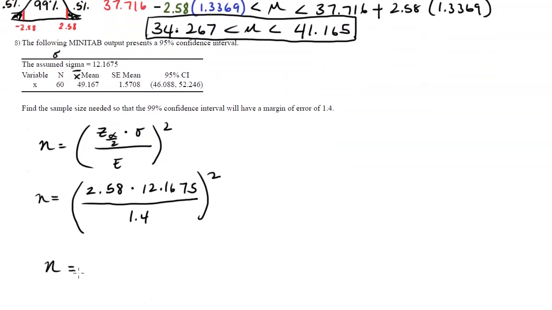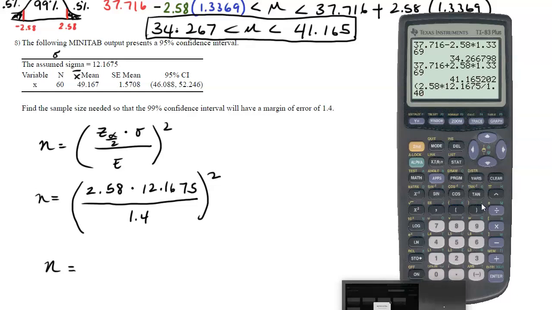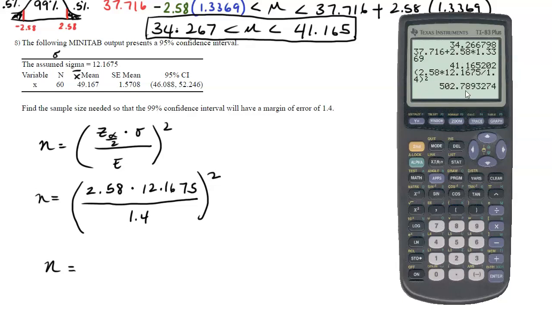I'm going to throw this right into the calculator. So let's open parentheses, 2.58 times 12.1675 divided by 1.4. The calculator is going to do that in the order it appears. And then let's square that. 502.8.